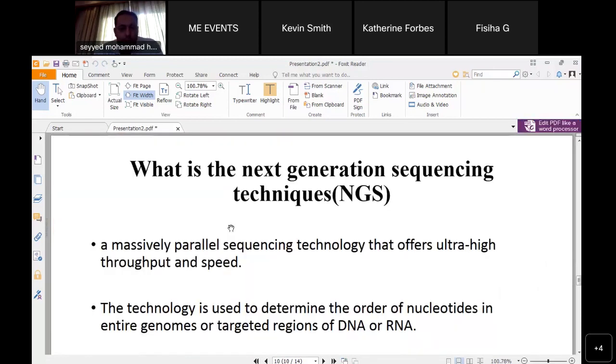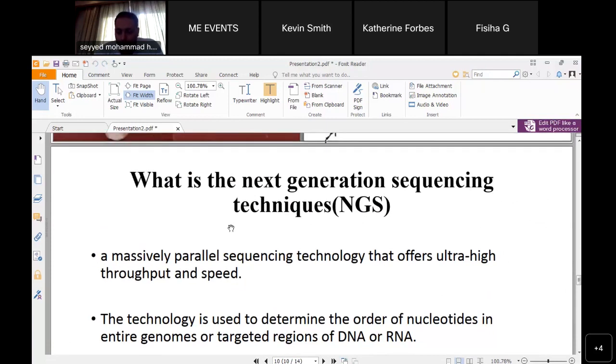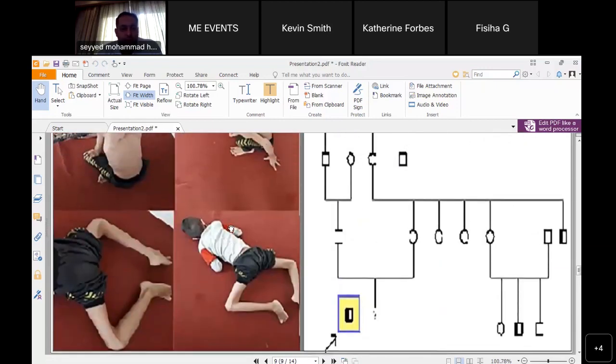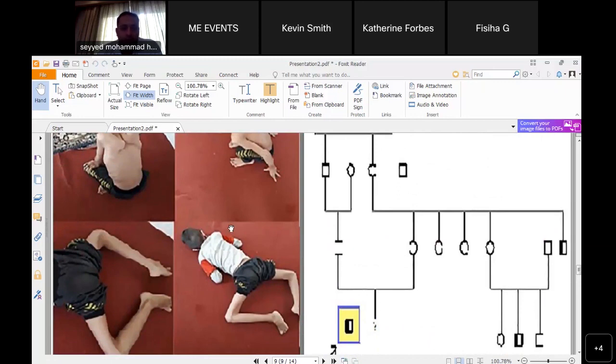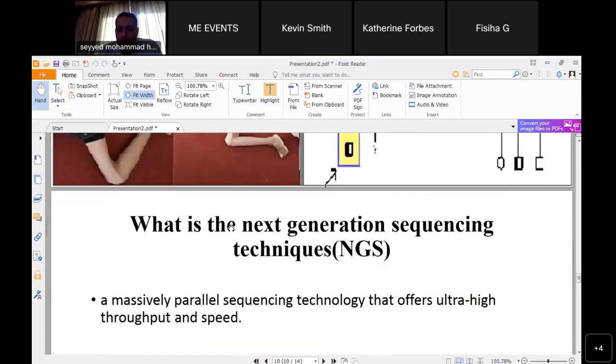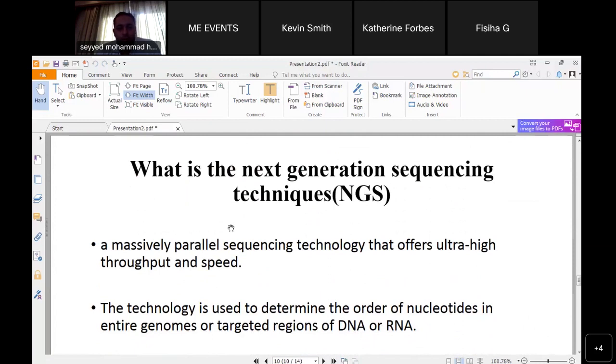But about NGS, next generation sequencing techniques: for detecting this case, we used a new technique called NGS, next generation sequencing. We want to know more about NGS. Next generation sequencing is a massively parallel sequencing technology that offers high throughput and speed.